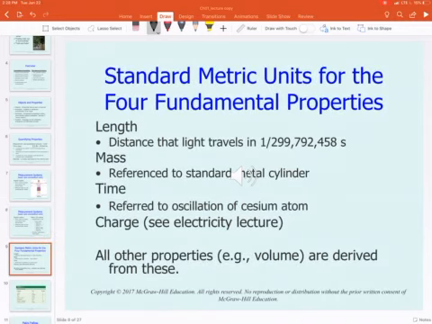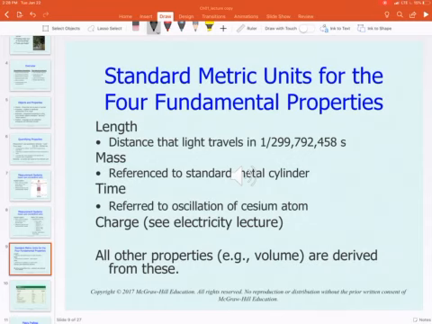Okay, this particular slide is just showing us that there are 4 fundamental properties that you need to be familiar with as far as the metric scale is concerned. We will talk about length, and all it's telling you in that bullet point is that length was determined from the distance that light traveled in that amount of time. Mass was determined by this very specific metal cylinder that they have in some museum or location in Europe, and we base all of our kilograms on that particular mass.